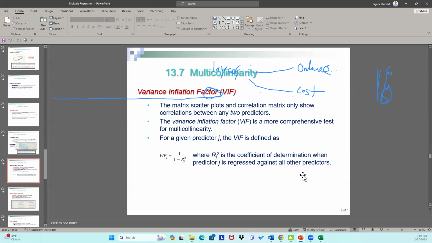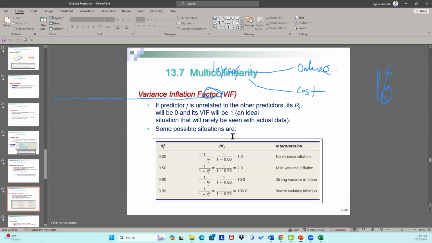But what is the rule here? You can check using VIF. What should be the ideal VIF? Here is the table. You can clearly see when it is 1, no variance separation. Up to 2 is mild, 10 is strong, and 100 is severe.